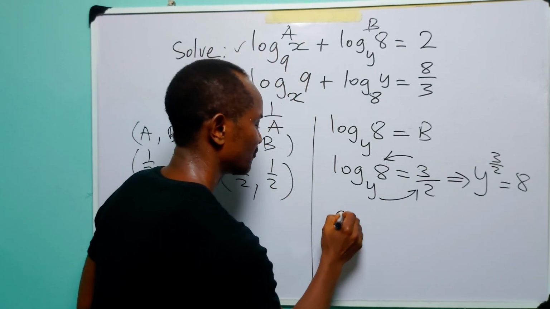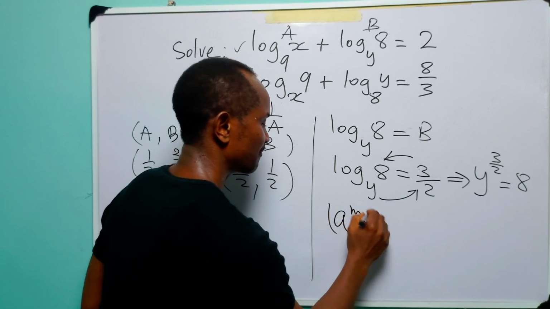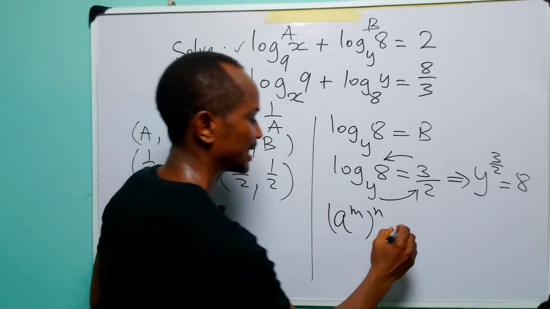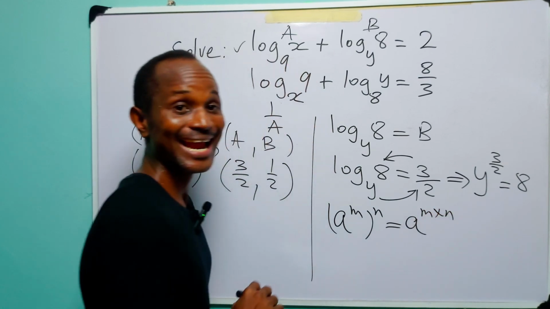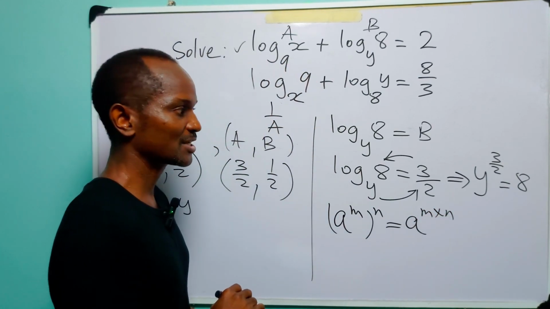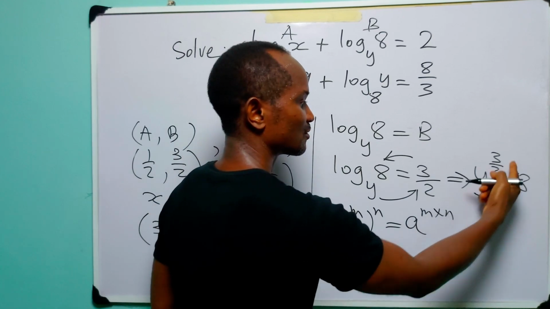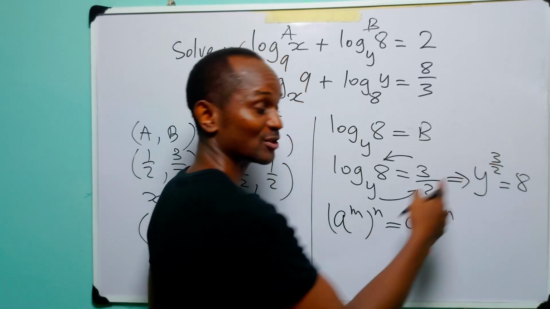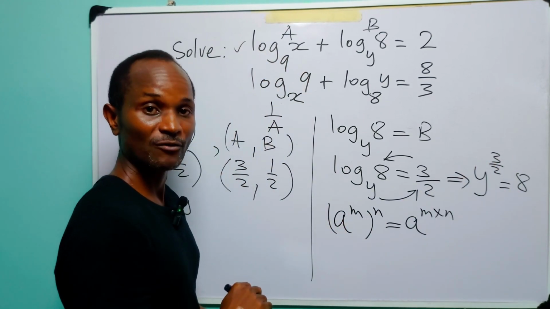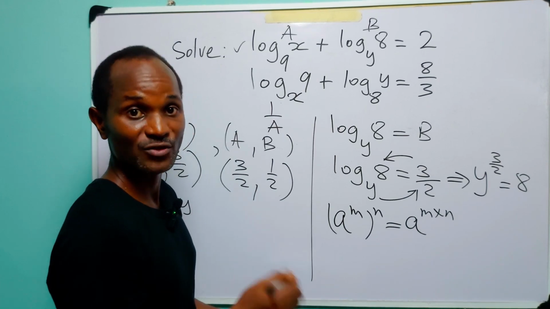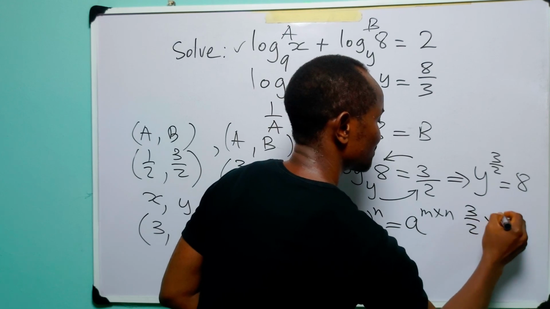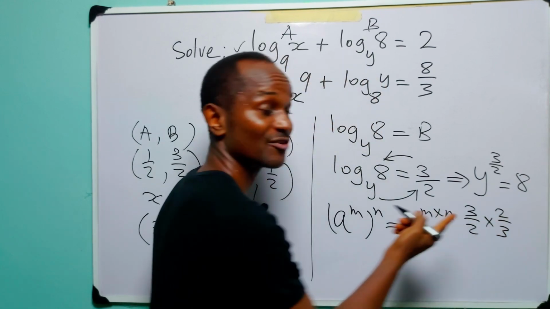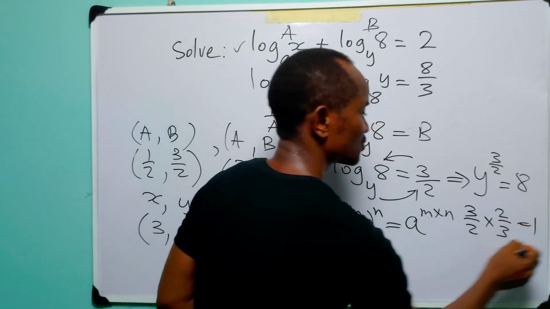Remember that when we have a raised to power m raised to power n, this is equal to a raised to power m multiplied by n. So basically the question is, what are we going to multiply 3/2 by to get 1? And of course, that is the reciprocal of 3/2, because we know that 3/2 multiplied by 2/3, which is the reciprocal of this, is equal to 1.